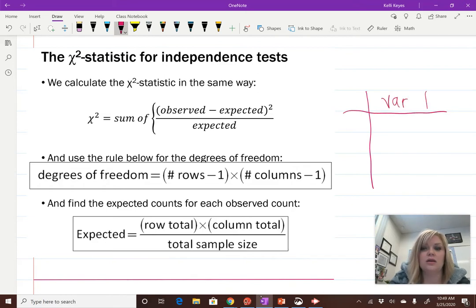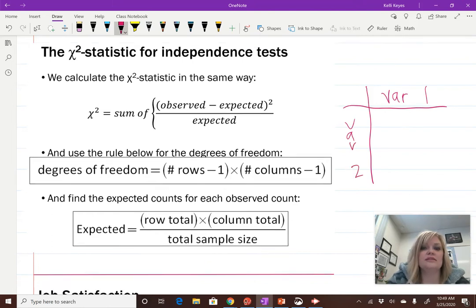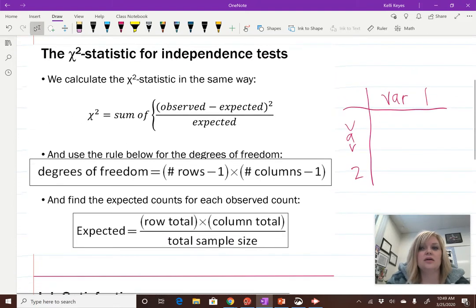So variable one, then we're looking at variable two. In a second, we're going to look at what level you teach at, and does it affect their satisfaction level of their job. With this one, we're going to have more than one column and more than one row.